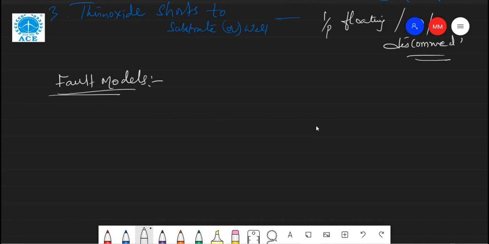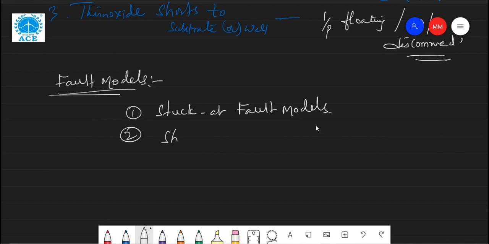Let us see what the types of fault models are. The first one is stuck at fault models, the second one is short and open faults, and the third one is bridging faults.